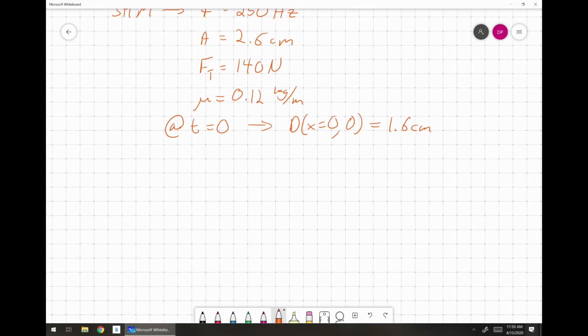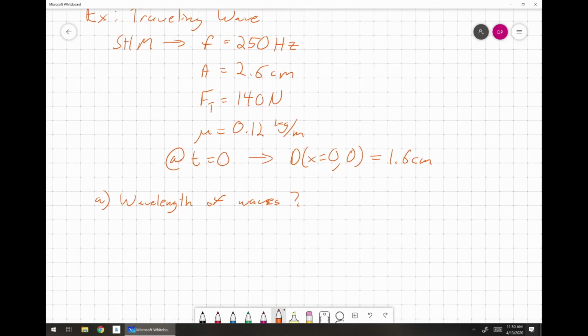But the first thing that we want to do in part A is find what is the wavelength of the waves. And so for that, we have to recall that our wave speed is our wavelength times our frequency, but it's also, for a chord, going to be the square root of the force of tension over our mass density.